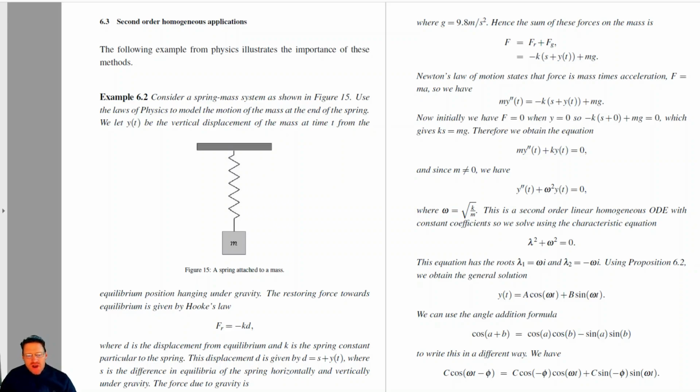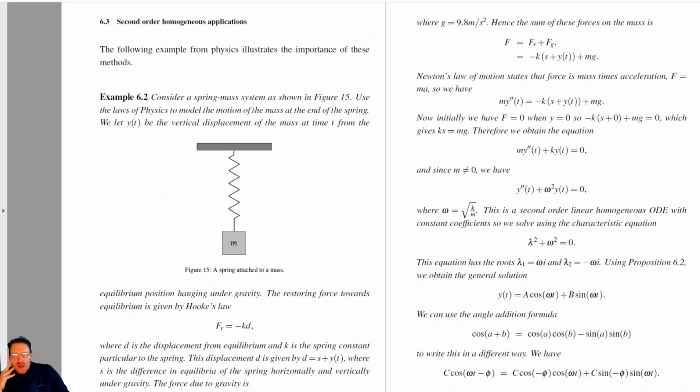So the force due to gravity is F equals mass times acceleration due to gravity, or mg, where let's assume g is 9.8 meters per second squared. So the sum of the forces on the mass is F equals F subscript r plus F subscript g, which is minus k times (s plus y), plus mg.